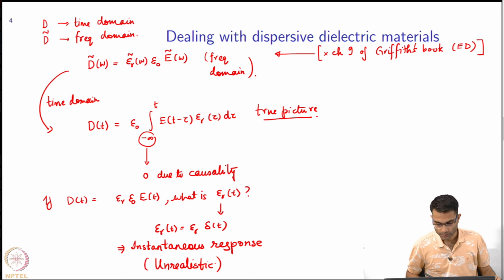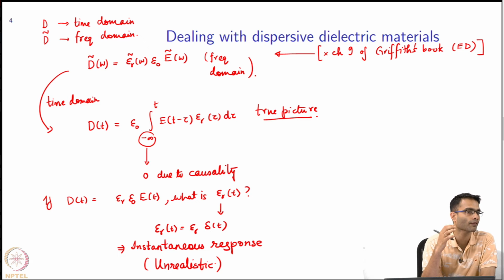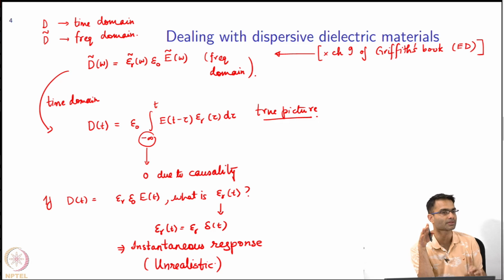So this is what we've been using all along, and we will now build a theory of what happens in realistic materials. This was not an issue for your integral equations, because there I was dealing with a single frequency.